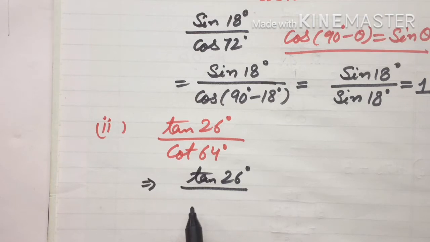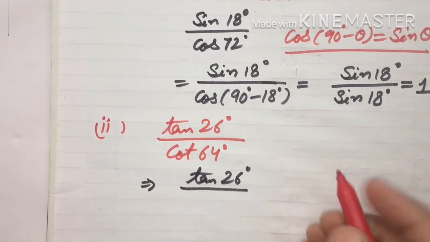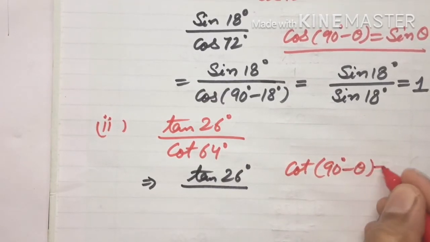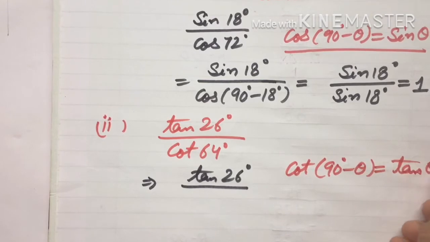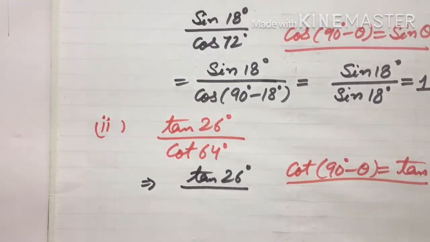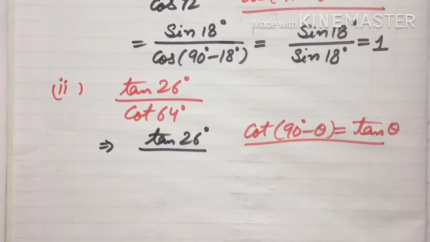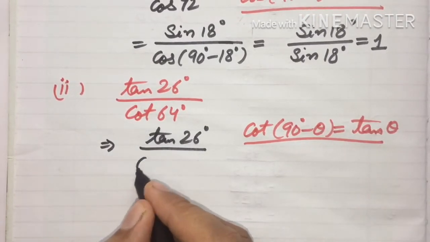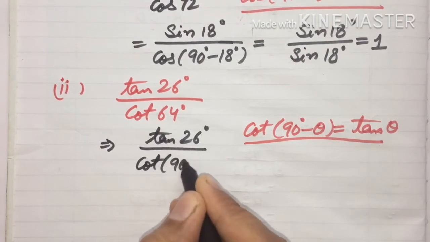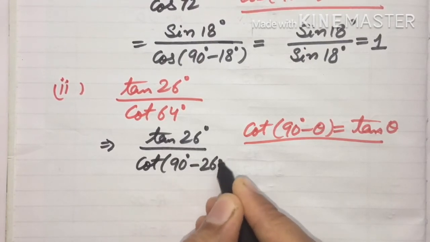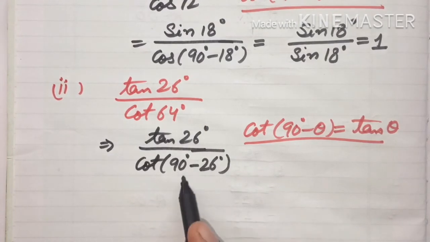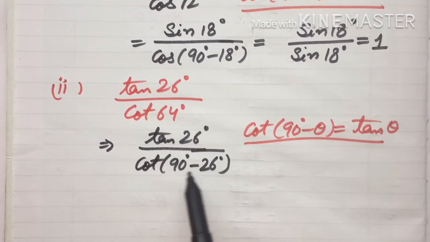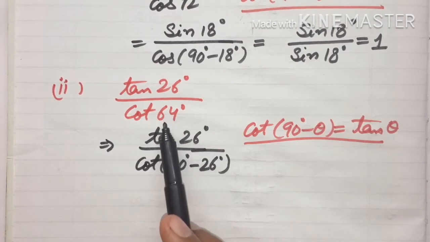We can use the property cot(90 degree minus theta) is equal to tan theta, the property of complementary angles. So for cot 64, we can write cot(90 degree minus 26 degree), because when we subtract 26 from 90, we get 64.